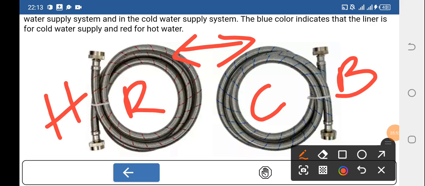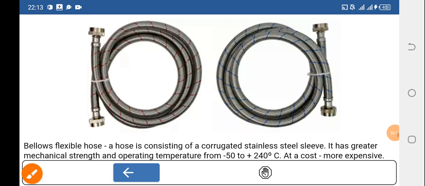Better you buy one flexible connector which has two colors, blue and red. Or if you don't find that, buy two, one with a red label and the other with a blue label, so you can use two flexible connectors for both cold and hot.